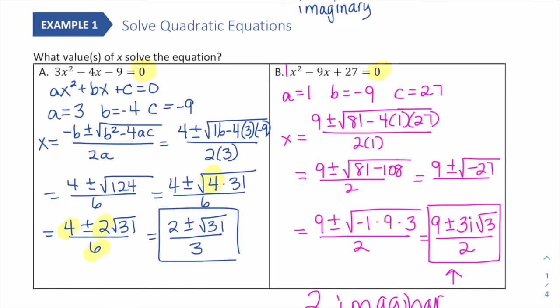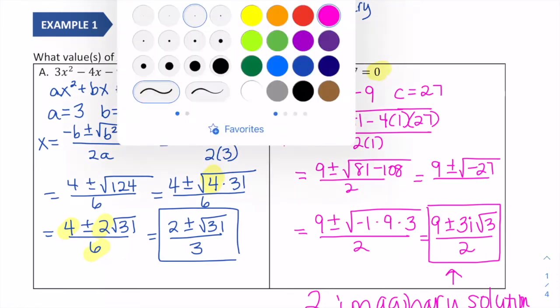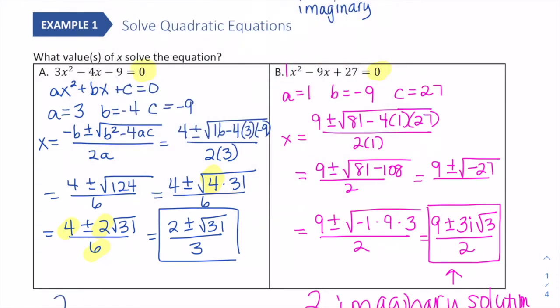You can say solutions, roots, or x-intercepts, versus the one for part A, which had two real roots. I'll write solutions, but you can say solutions, x-intercepts, or roots. Okay, all right, so let's go to the next problem.